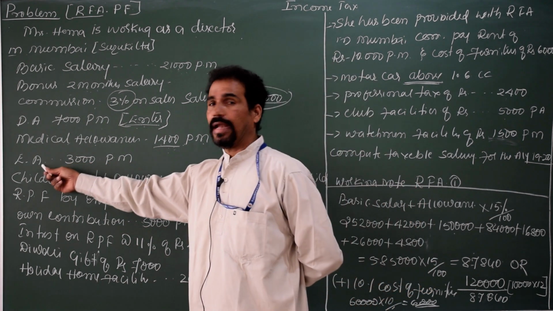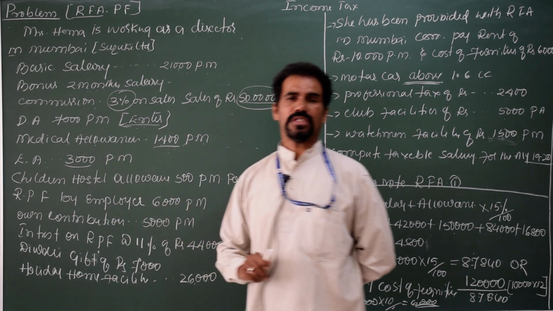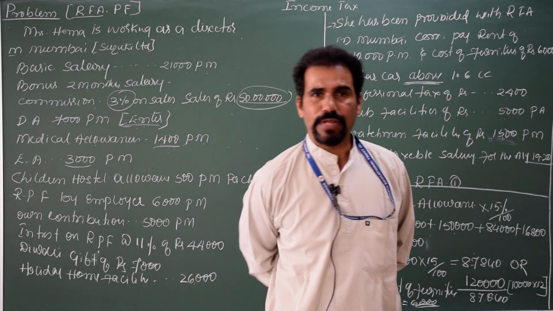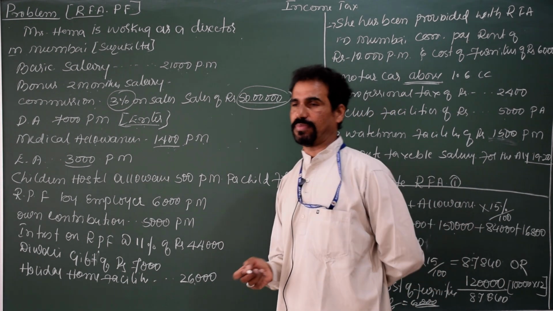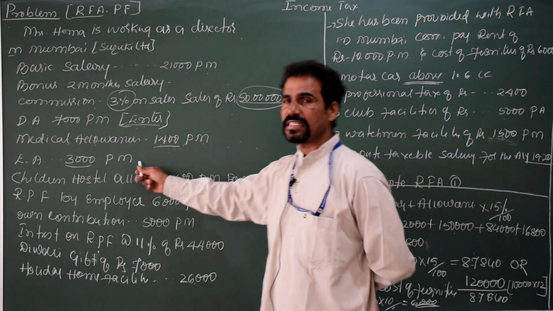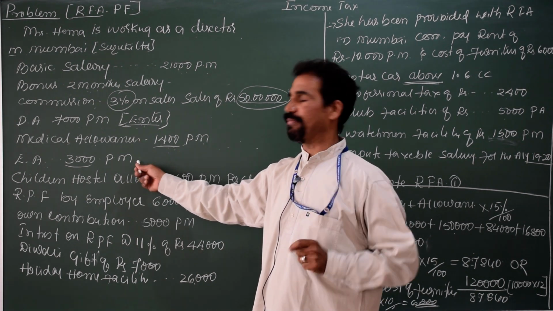Next, entertainment allowance, EA, which is 3,000 per month. What is EA? EA is a benefit payment by the employer to his employee for entertainment expenditure. This facility is only for government employees, not for private employees.